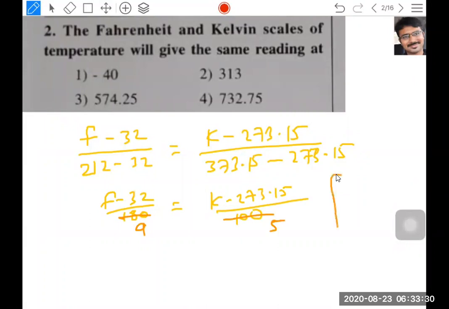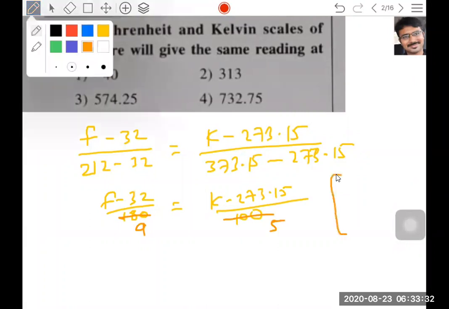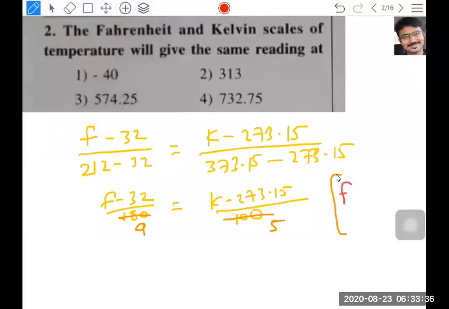What is the given information? The given information is that the F value and the K value are both equal. Fahrenheit and Kelvin scales of temperature will give the same reading. Same reading means both have the same value.